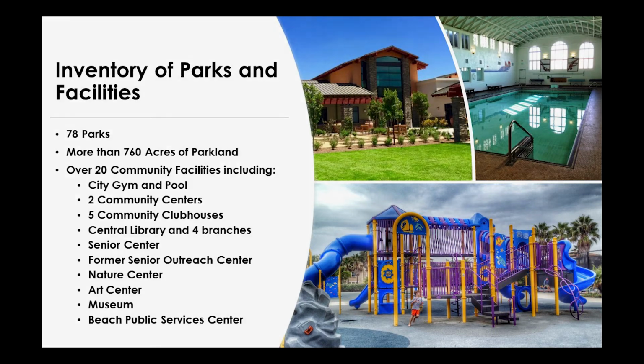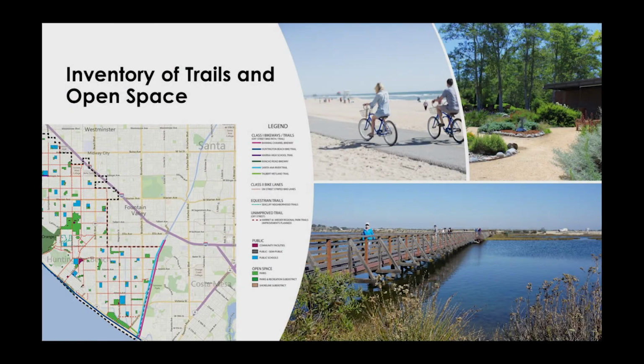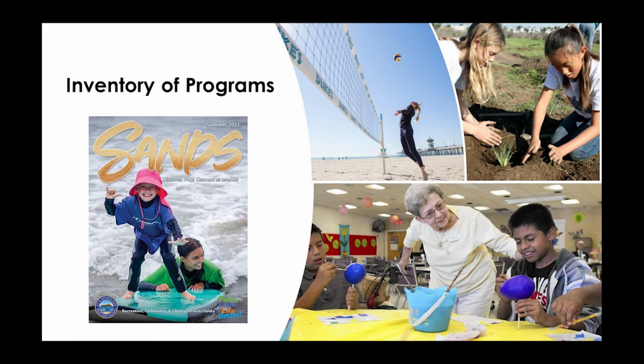With all these facilities, there are a number of opportunities where the community can recreate. A lot of these facilities are connected by an extensive trail system where people can move in and throughout the park system on various trails and trail components. Several of these facilities also support the programming that exists within the city of Huntington Beach and the regular programming events that are published in the programming guide.